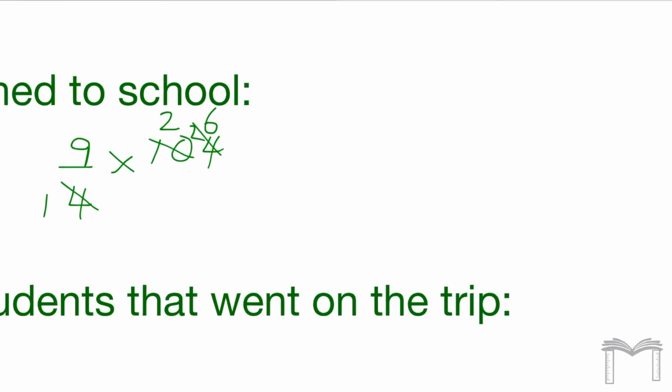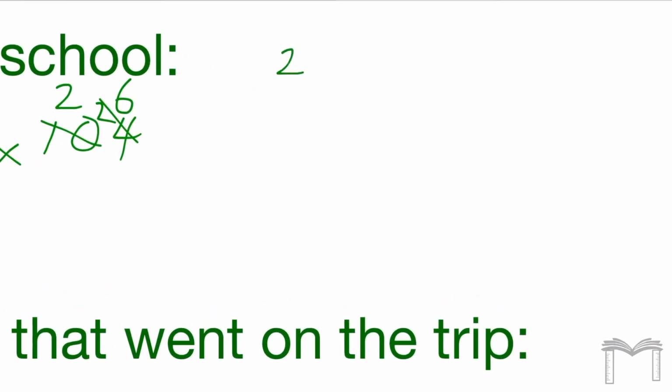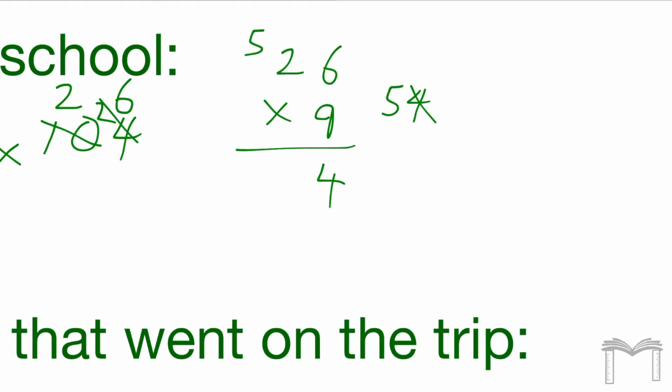So 9 times 26 will give you the total amount of persons that went on the field trip. 9 6s are 54, 9 2s are 18, plus 5 is 23. That's 234 students in total.